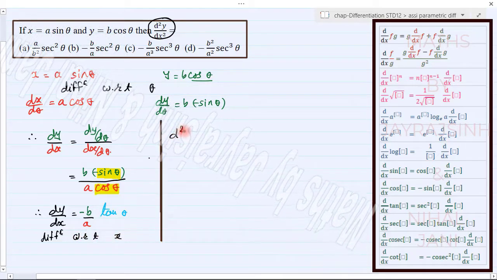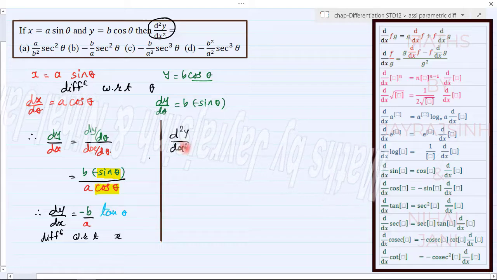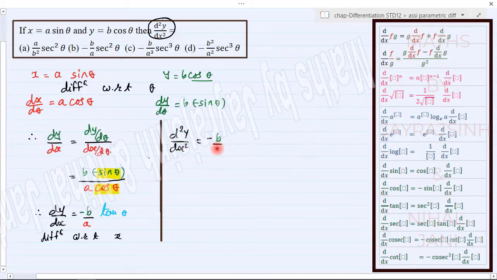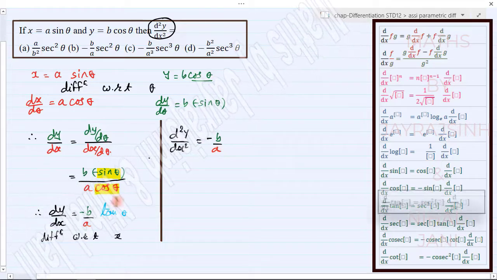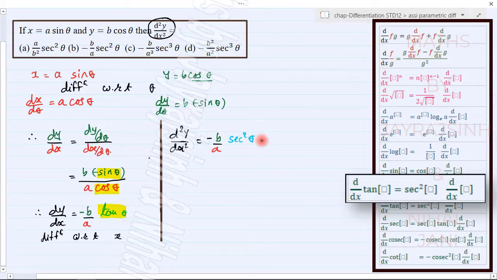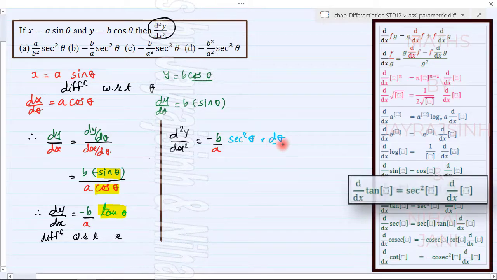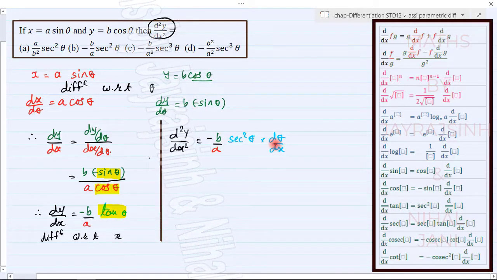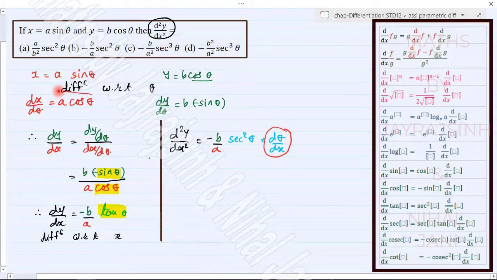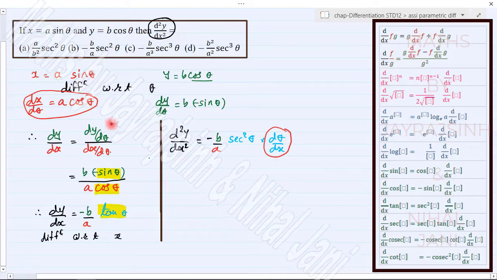So we will get d square y by dx square is equal to minus b by a, which is constant, we don't have to worry about it. Differentiation of tan theta will be sec square theta into d theta by dx. To get the final answer, we need the value of d theta by dx, which is actually the reciprocal of dx by d theta.